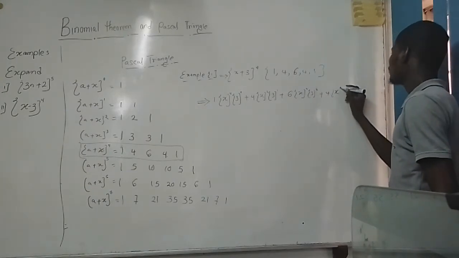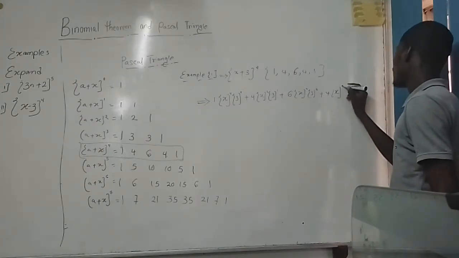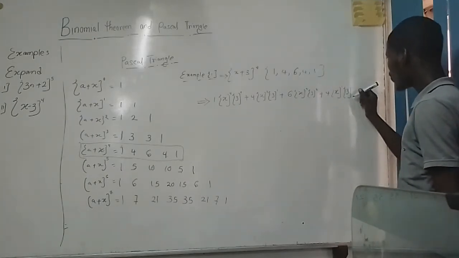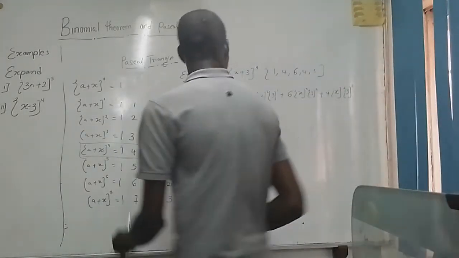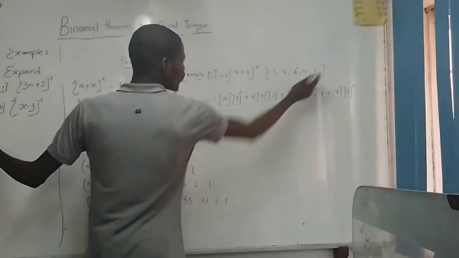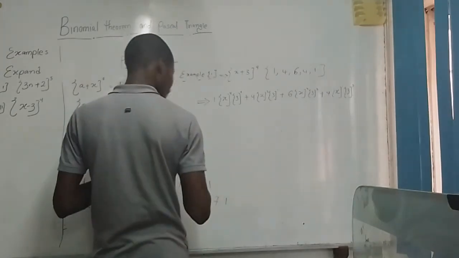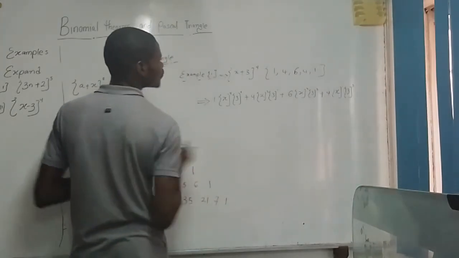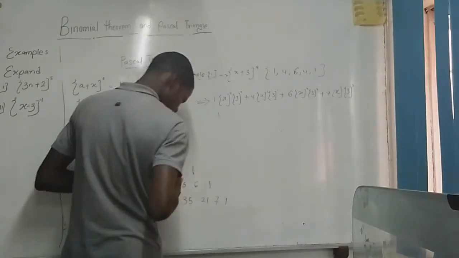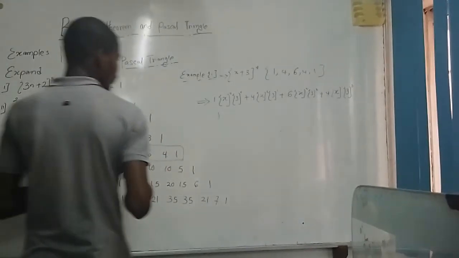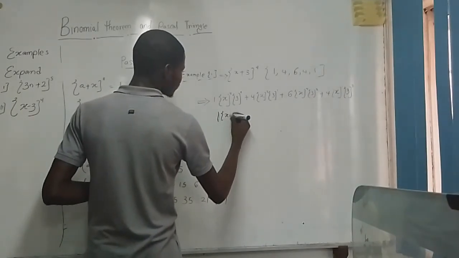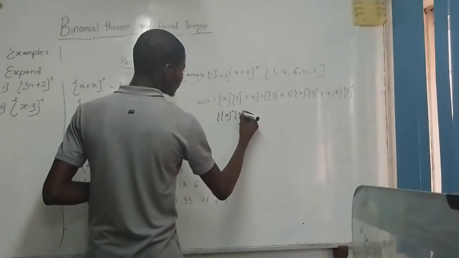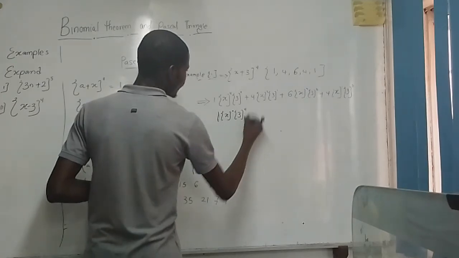So we are going to have x raised to power 1, then 3 raised to power 3. Then we have our 1 times x raised to power 0 times 3 raised to power 4.